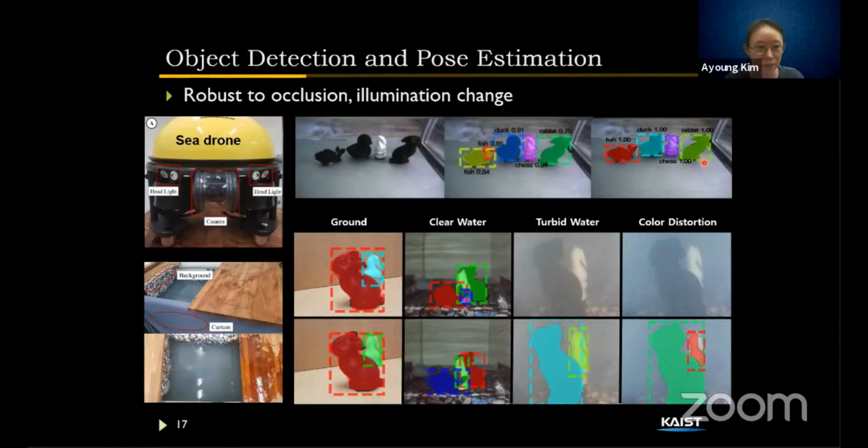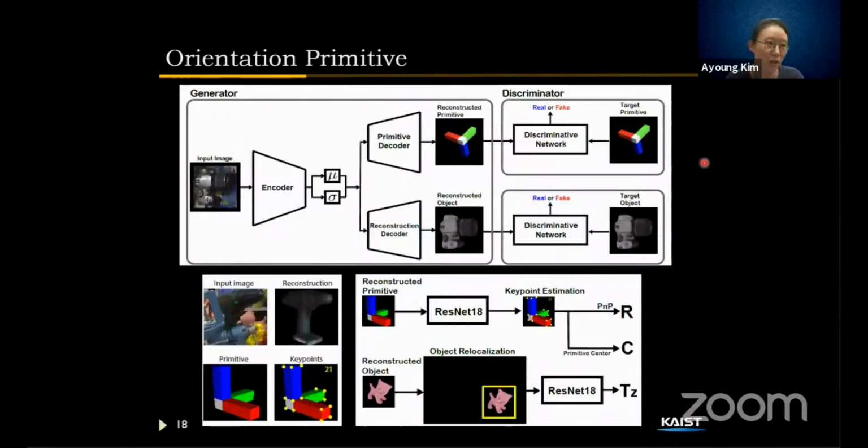Once we detect an object, now we have to estimate the pose between the camera and the target object. In many cases people just reconstruct a target object during the training. But what if we learn additional things? We named this one a primitive, and as you can see, this shape tells us the orientation of the target object.